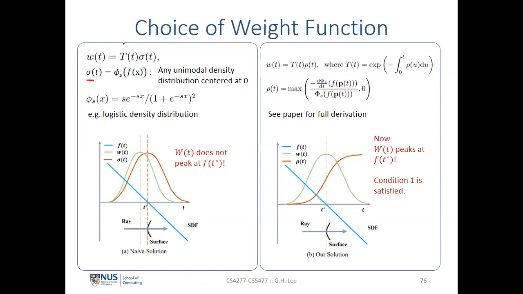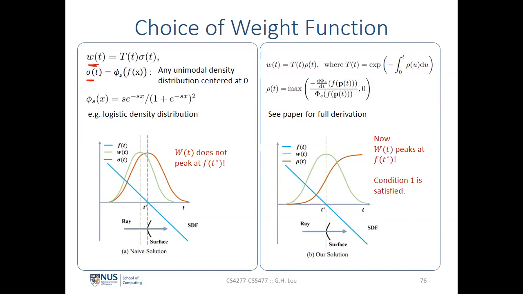Basically T is also a function of sigma, so the weight becomes a function of sigma as well as of the signed distance value. They claim that if you choose the weight to be very similar, that means this distribution of sigma is very similar to what NeRF is doing.